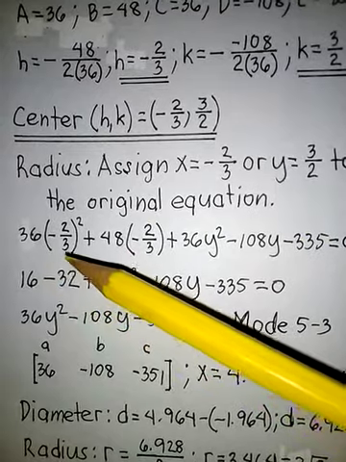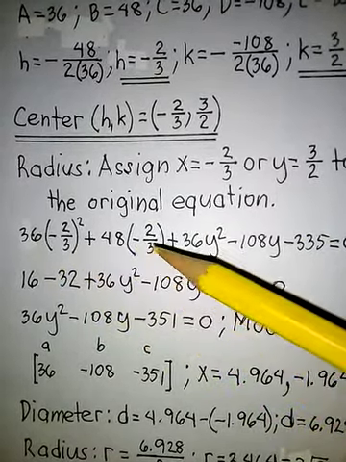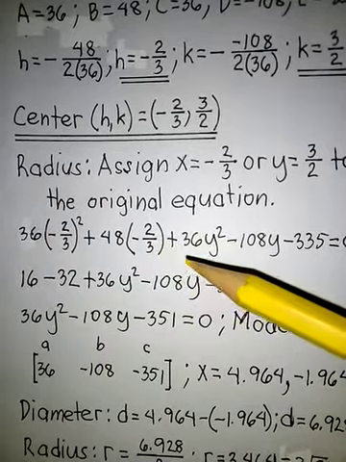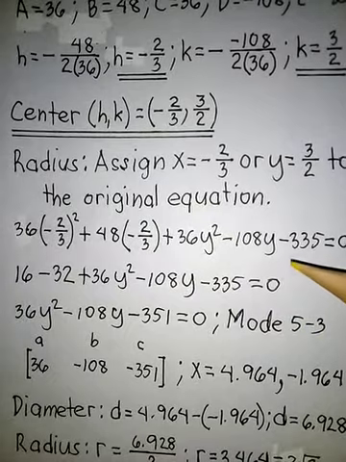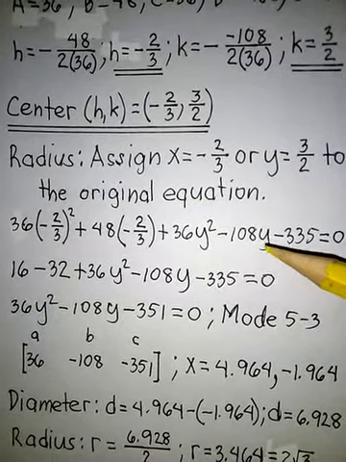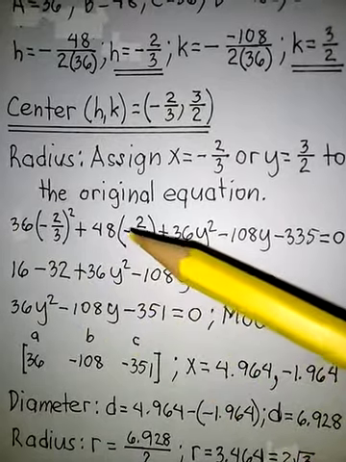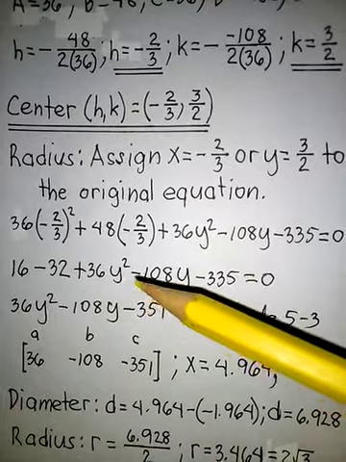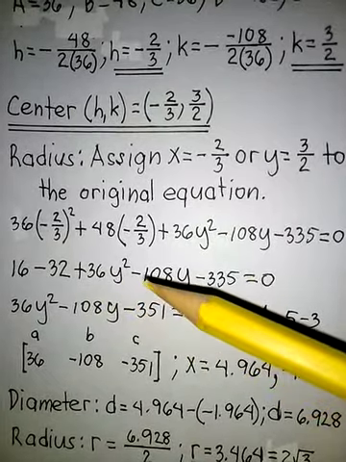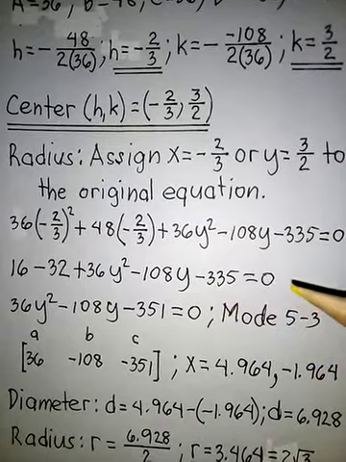So 36 multiplied by (−2/3)² + 48 multiplied by (−2/3) + 36y² − 108y − 335 is equal to 0. Simplifying this, we have 16, and then this one is minus 32, and then we have positive 36y² − 108y − 335 is equal to 0.